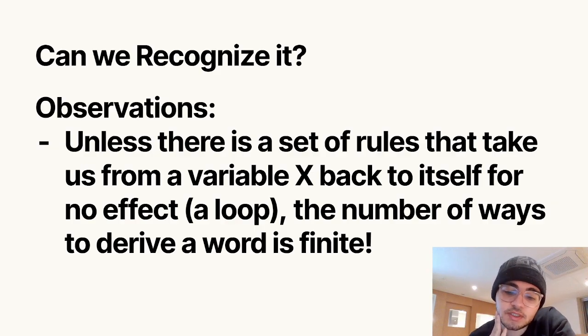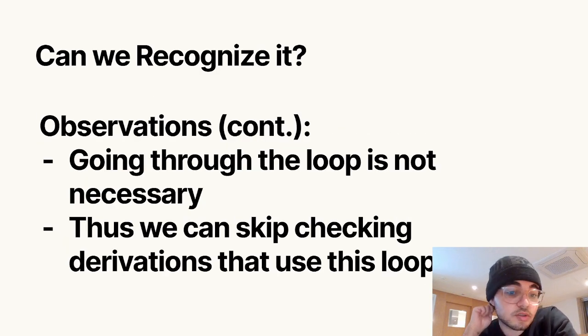If we are making changes, we are changing the length, we're changing variables. So at the end we will have to either reach the word or not reach the word. So we are going to skip checking derivations that use the loop: if there is a derivation we can do, but there is another one with the loop, another one with two loops, and another one doing the loop 100 times, we skip the other ones with the loop and only do one of them.